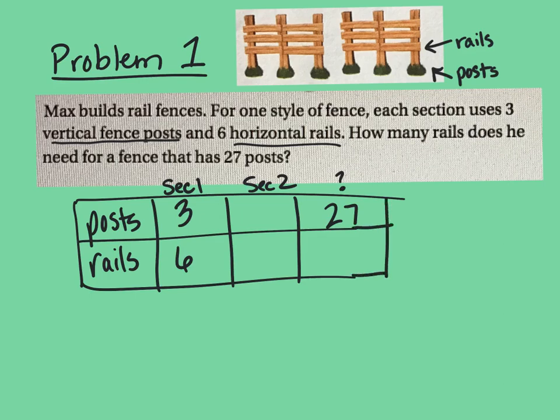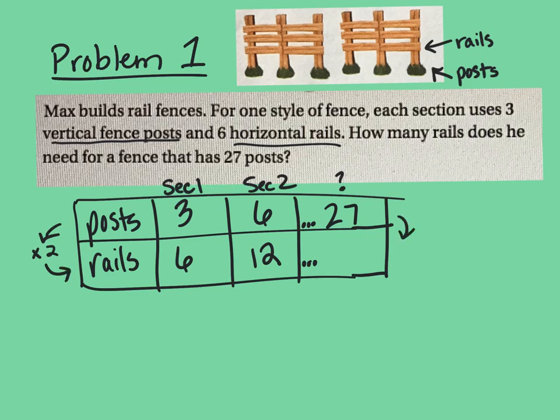And section 2 would be double 3, which is 6. 6 and 6 is 12. We skipped a few, and now we're at 27 posts. So did you see a rule? I surely did. I saw that if you multiply the number of posts by 2, you get the number of rails.